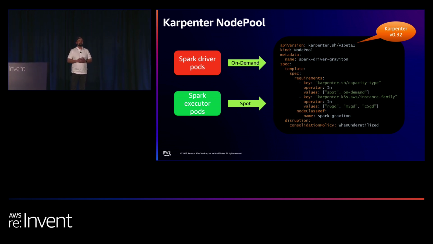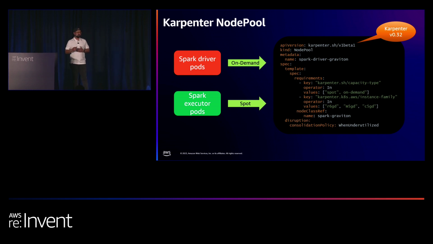Once that is installed, with the template that you see here, which we used to call provisioners in the previous version, and with version 0.32 it's called a node pool, you just define one node pool as a simple YAML manifest. Within the node pool, you can define the instances, Spot and on-demand. Then when you run your Spark jobs, you have a concept called pod templates for both the drivers and executors.